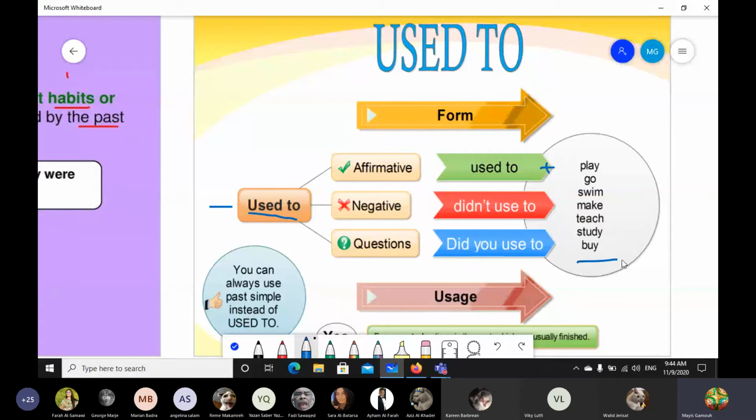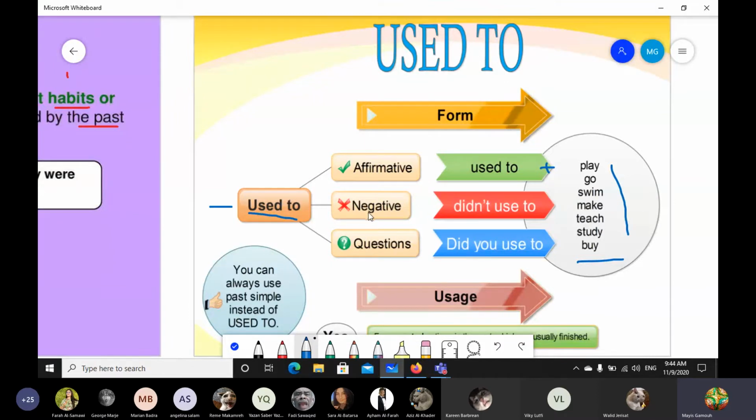Look here at the verbs، كلياتهم أجوا in the infinitive form. In the infinitive لازم يكونوا مجردين، ما بضيف لهم ed ing، ما بحولهم ولا بعمل فيهم أي إشي. They have to be in the base form.